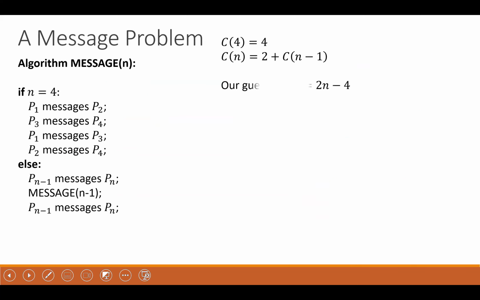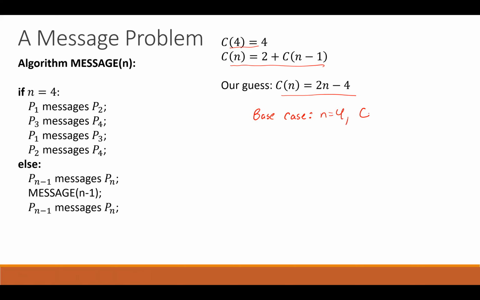So I have my base case, I have my recursive case, I have a guess at a closed form. Now it's simple. I'm going to prove by induction. So I have a base case, which is n equal to 4.